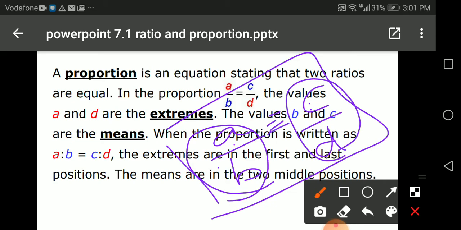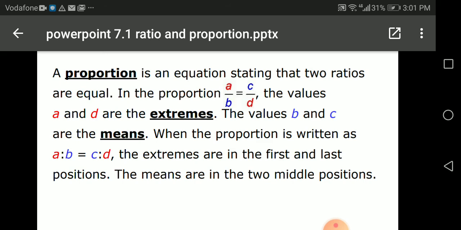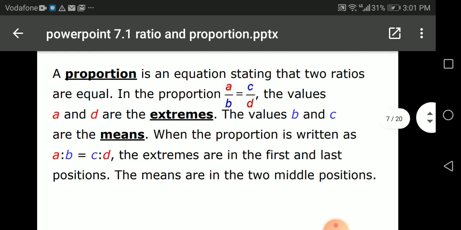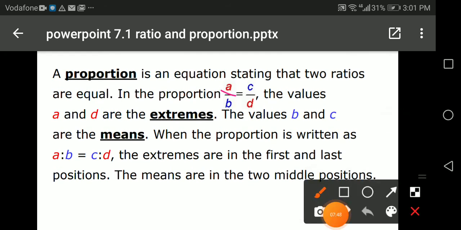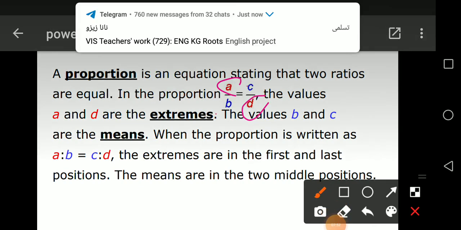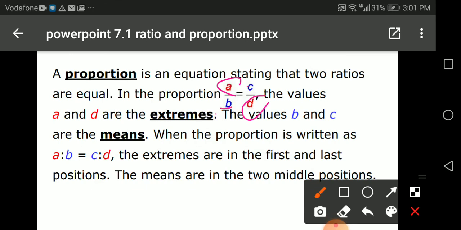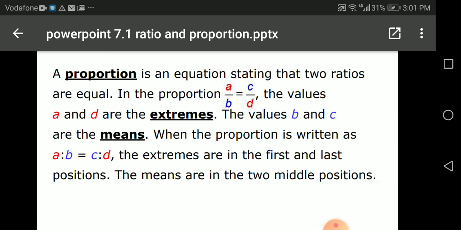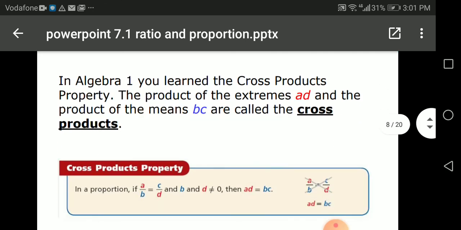When they are equal, remember, I have extremes and means. The extremes here are A and D, and I'm going to tell you why I'm mentioning this.